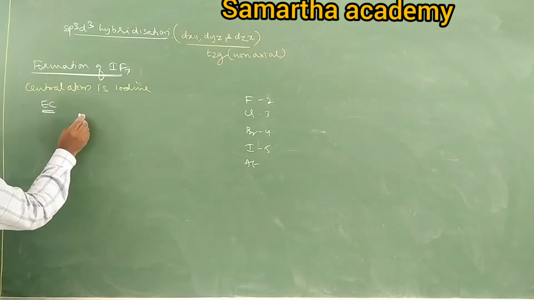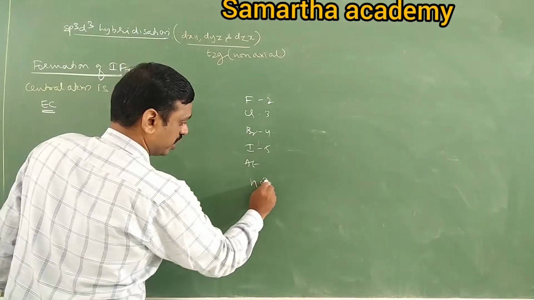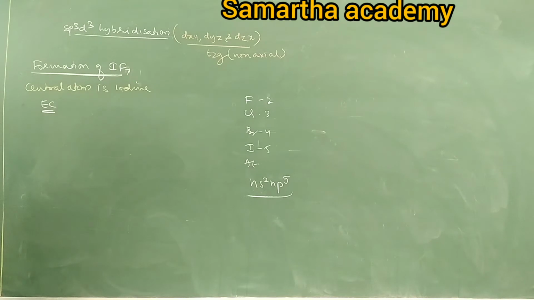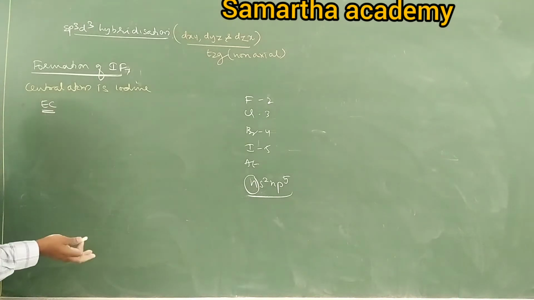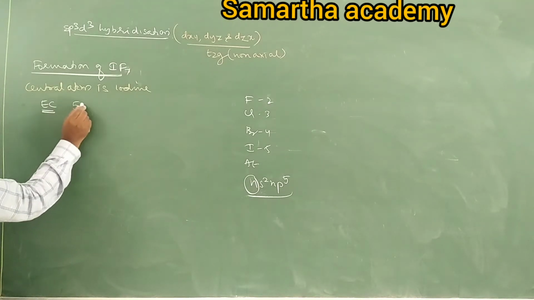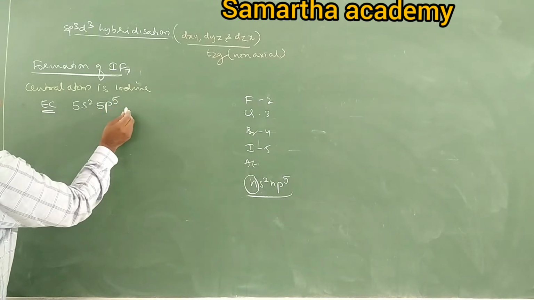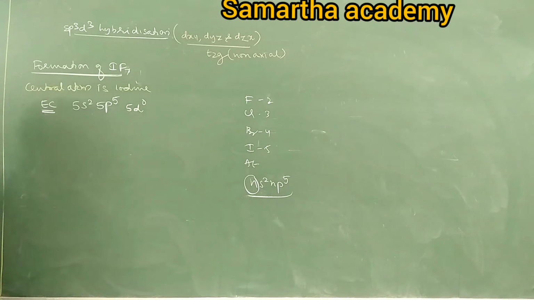Since it is in the fifth period, what is the general electronic configuration of halogens? We have studied ns2 np5, correct? ns2 np5 is the general electronic configuration of halogens. In place of n, we should write 5. Therefore 5s2, 5p5, and 5d0 will be there, the same shell, 5d only.